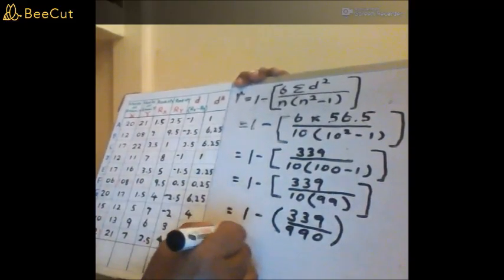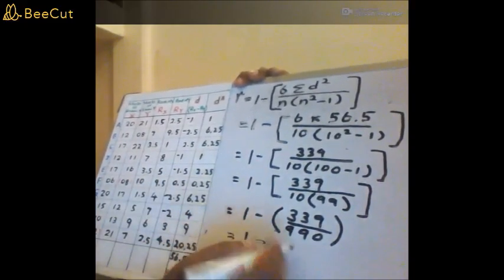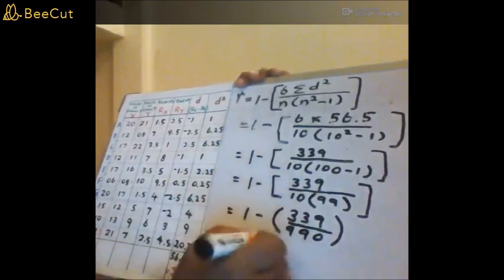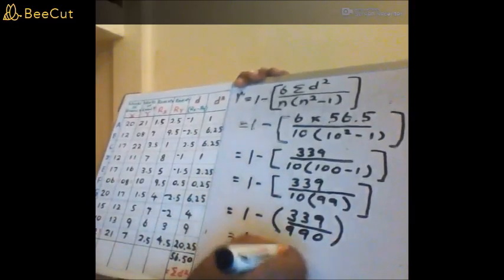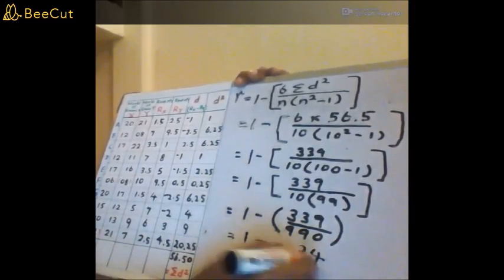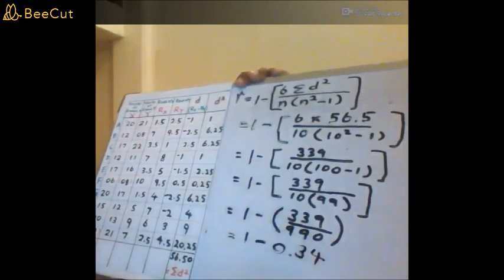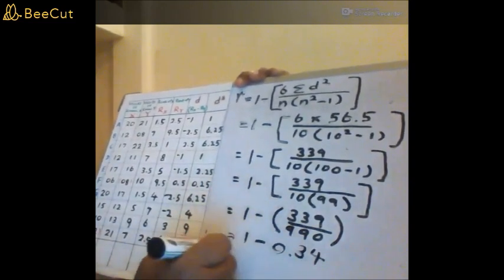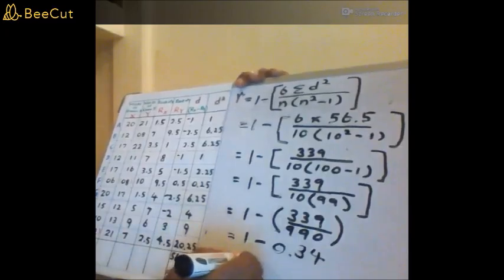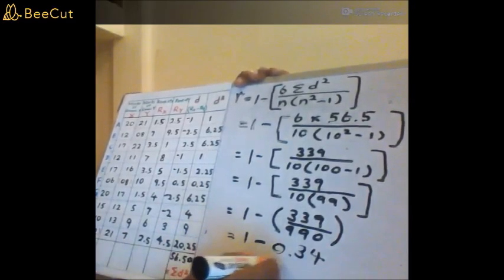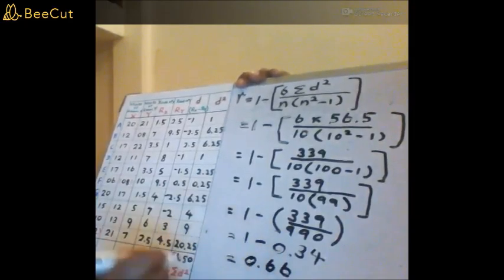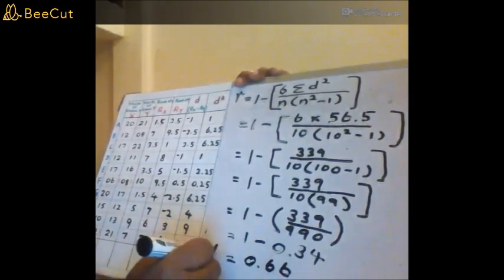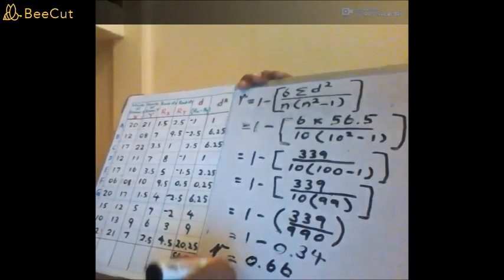So here the answer is 1 minus 0.34. Then the answer is 0.66. That's the answer. That is our rho value.